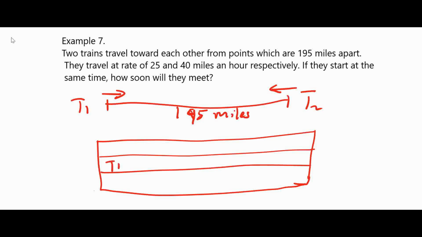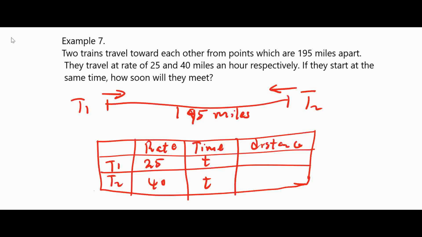This will be T1 and this will be T2, and the rates are 25 and 40 miles per hour, and the time would be the same. Therefore, distance will be 25 times t, which is 25t, and 40t.